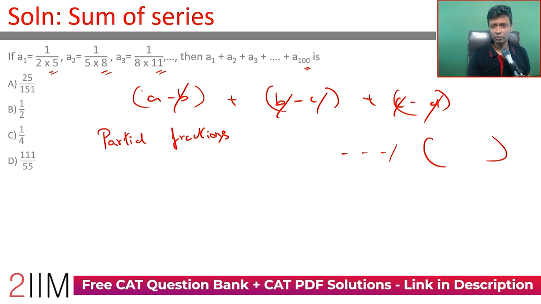Fine. So first up, we need to find the 100th term. This is 1 by 2 into 5, 5 into 8, 8 into 11. We're going plus 3, plus 3, plus 3. So A1 is 2 into 5, A2 is 5 into 8.